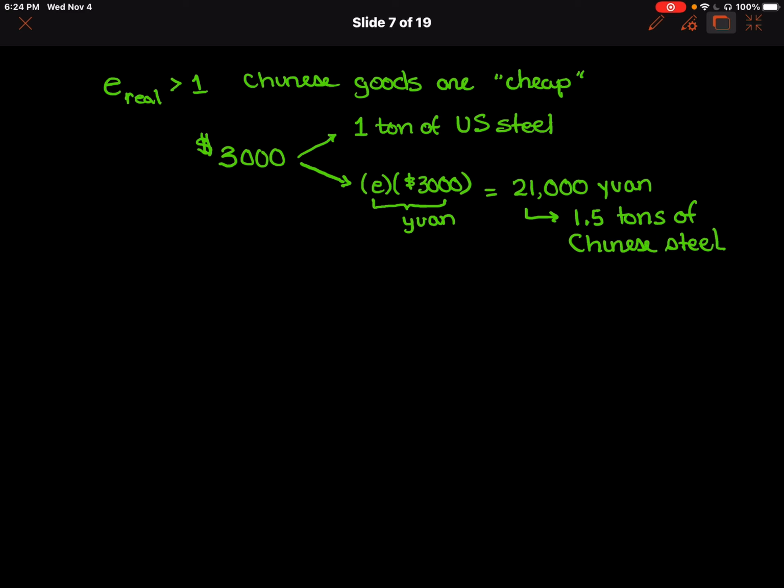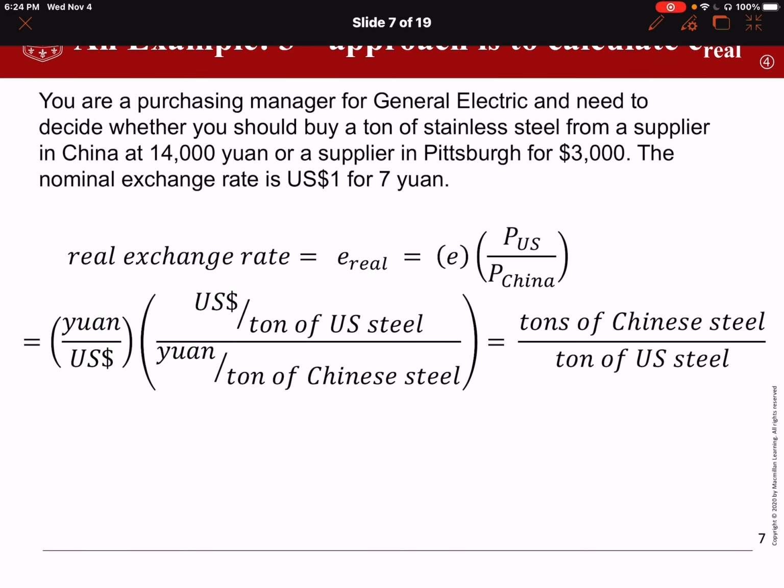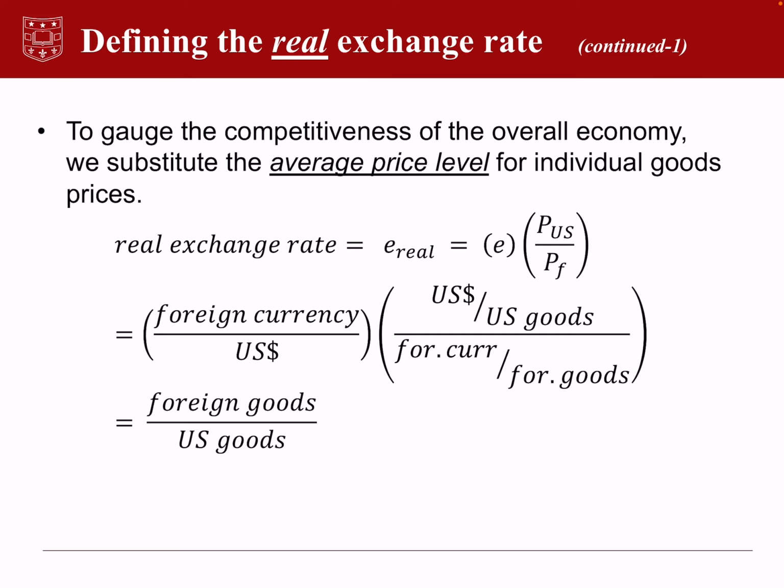So this is what we have on the next slide. What is conventionally done in order to move from looking at a real exchange rate on a single good basis to gauging the overall competitiveness of a macroeconomy is to substitute an average price level.